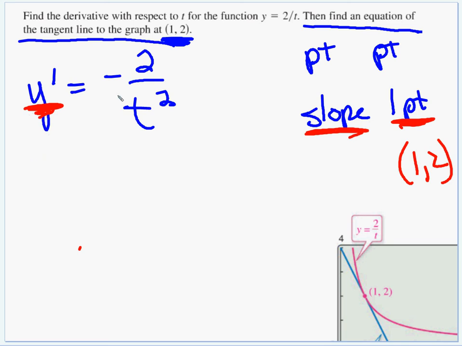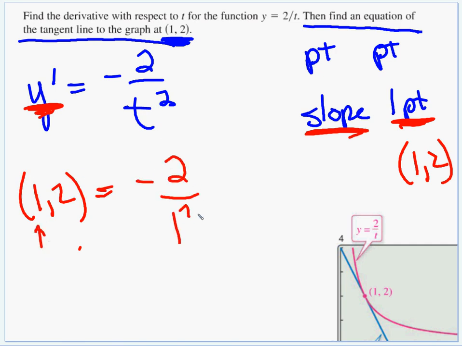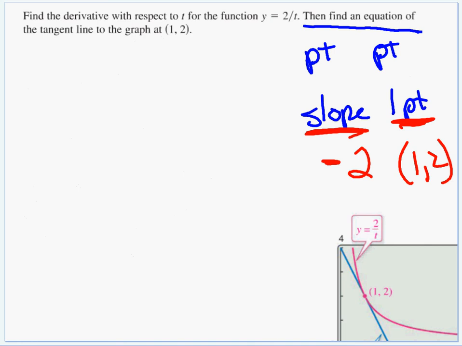So the slope occurring at the point 1, 2, we plug the x value in, or in this case, it's the t value. That will be over 1 squared. -2 over 1 squared is -2. So slope is -2. Our point is 1, 2.